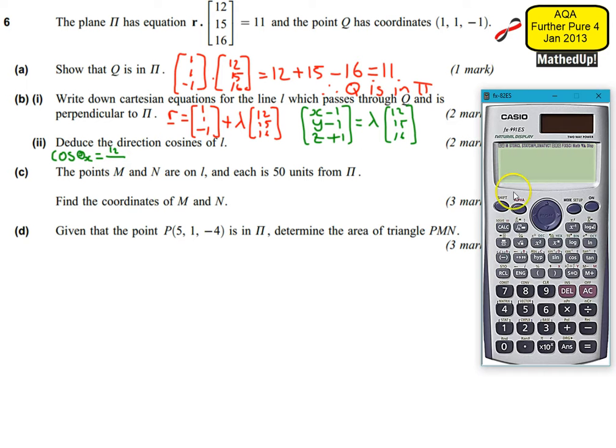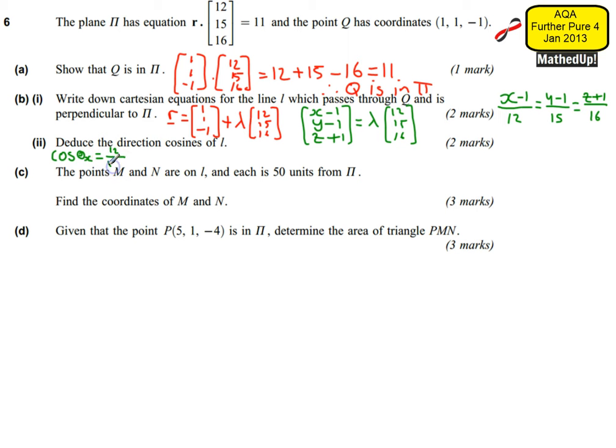So I'll just work that out quickly, and that's going to be 12 squared plus 15 squared plus 16 squared, and if I square root that I get 25. So that's going to be 12 divided by 25.